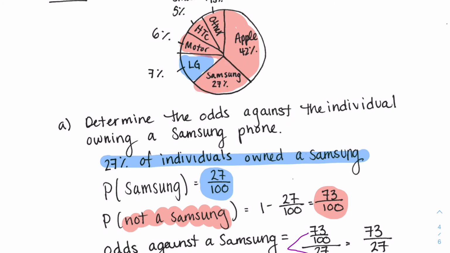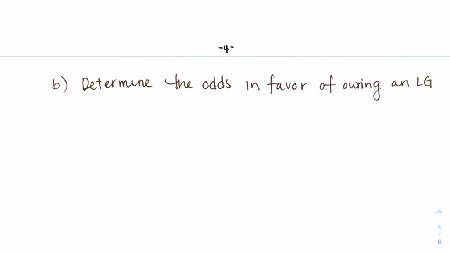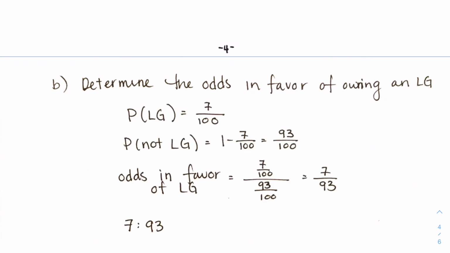So our blue would be success, the red is going to be our failure. So the probability of owning an LG phone is 7 out of 100, or 7%. And the probability of not an LG is 1 minus the 7%, or 93%. So this is 93% of people owned a different phone.